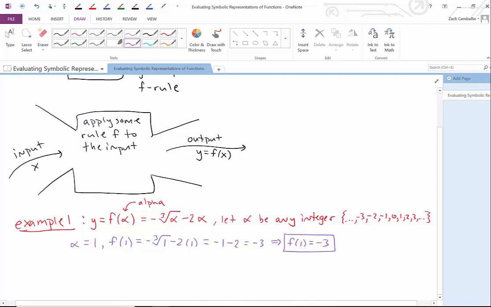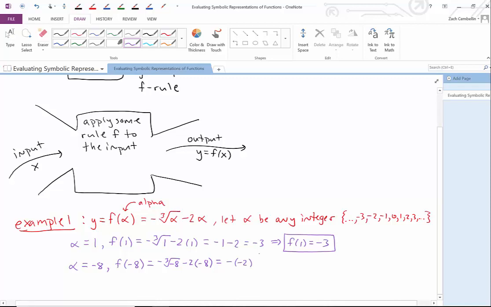How about one more alpha? How about if alpha is negative 8? Then f of negative 8 is what we're trying to find. That's the negative cube root of negative 8 minus 2 times a negative 8. The cube root of negative 8 is negative 2, since negative 2 times negative 2 times negative 2 is negative 8. So we get negative 2.